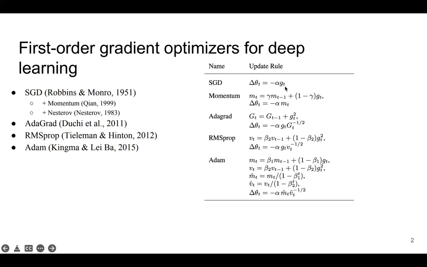For SGD, we directly take the gradient times minus alpha, which is the update rule. But to make SGD better, they add more variety in this update rule. For momentum, it changes the g_t to m_t by combining the past gradient and the new gradient.